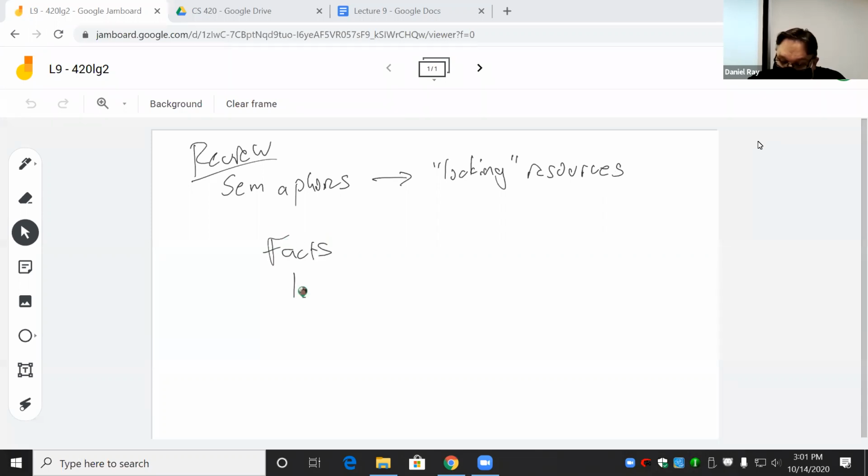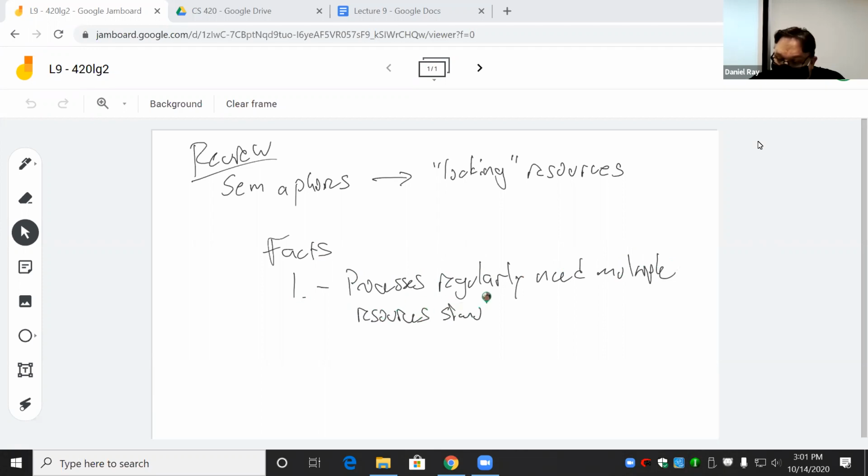One, processes regularly need multiple resources simultaneously to complete what they're doing.